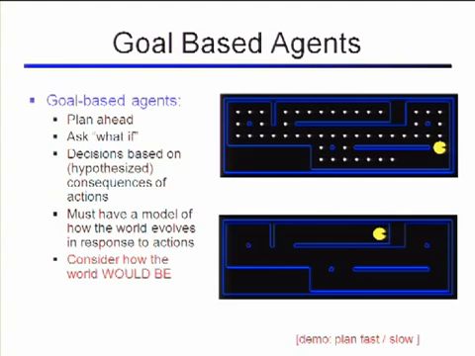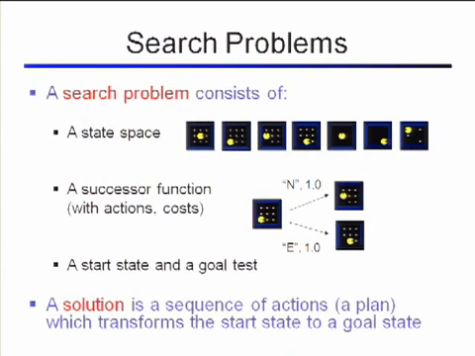So how are we going to achieve our plans? One thing we've seen is there are multiple notions of what your goal is and what a solution to that goal is. If my goal is to get to that dot right there, that's an easy problem. If my goal is to eat all of the dots, that's a harder problem. So there are multiple search problems, some small, some big.